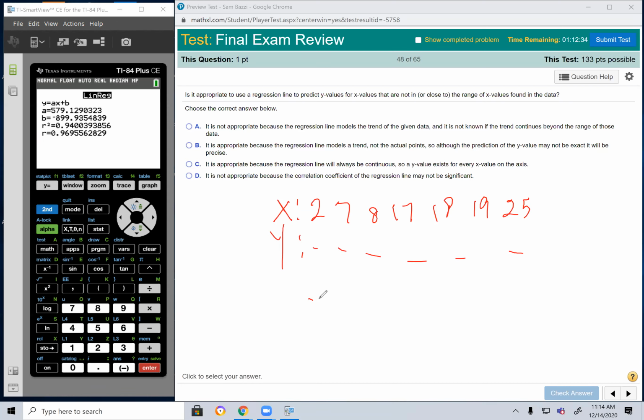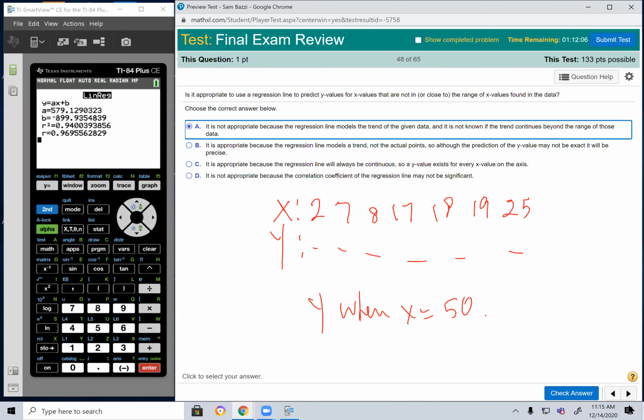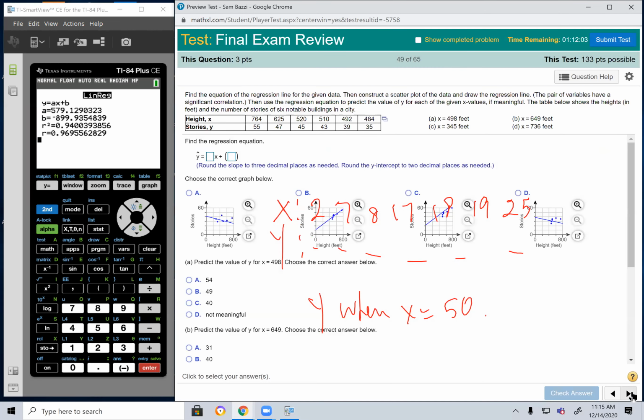If I ask you to find the y when x is 50, that is not appropriate, guys. Why? Because it needs to be within the values. Exactly. So it's not appropriate when it is outside of the range. That's it right here. You choose A, because the trend could change.